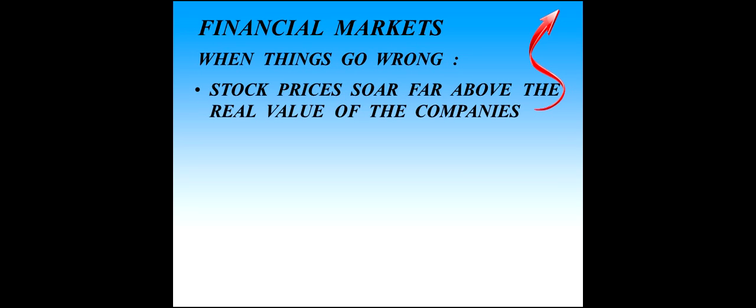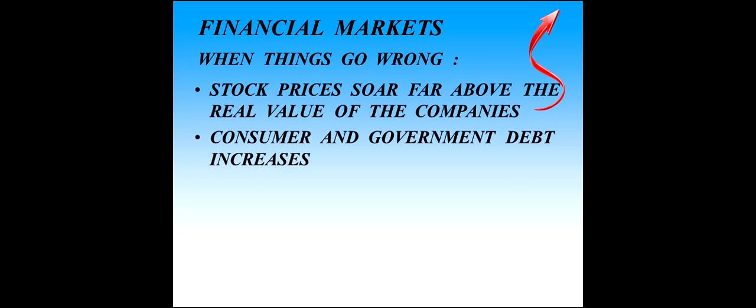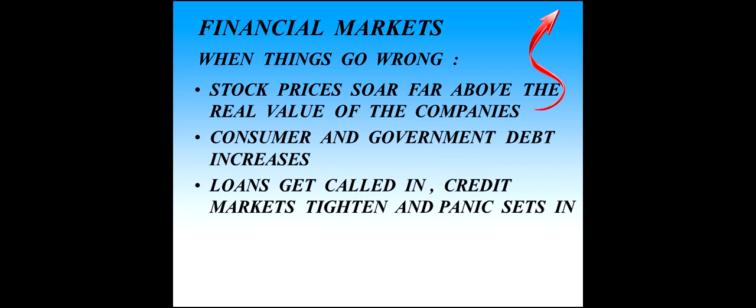Now, some other things happen in combination here usually as well. You usually see when the markets fail that consumer and government debt has been increasing. And what happens is the financial institutions start to get nervous when they see these trends, and they start to call in loans. And yes, by the way, all types of loans, business loans, mortgages, whatever.